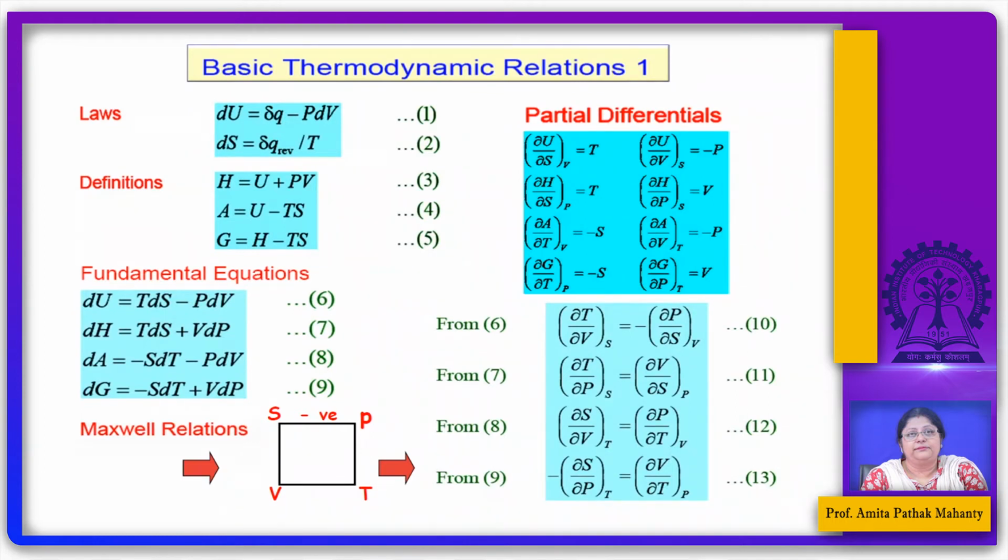So if I have the y-axis as G and the x-axis as the independent variable temperature, then the slope of the plot between G and T will be minus S. The slope of the curve drawn between the variation of G with temperature for a given pressure will be nothing but minus S.